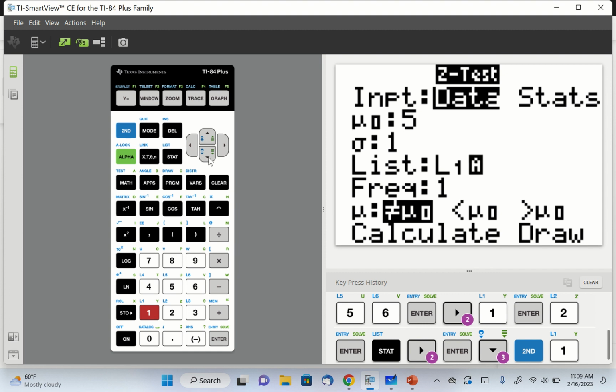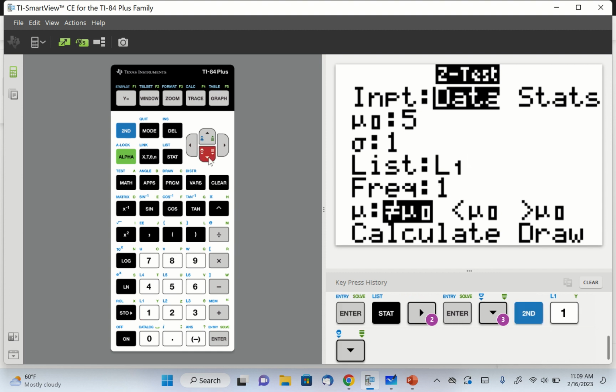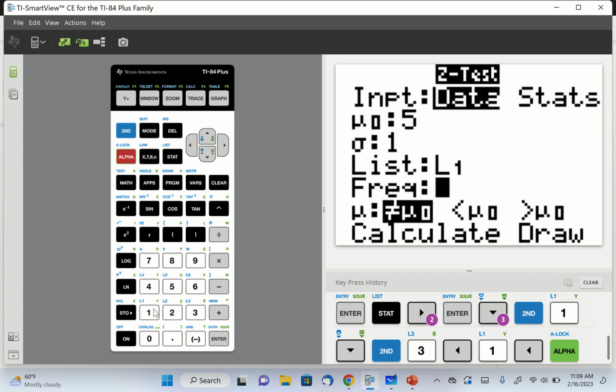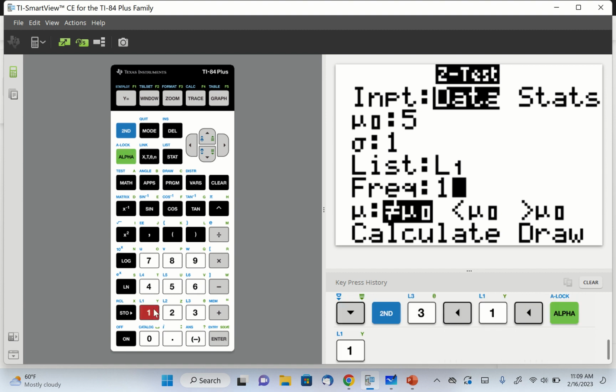Frequency, let's say if it was also given and it was in L3, so you'll do second 3 to get the L3. And if not, you could clear that up and type in 1 again. The alpha was highlighted, so we need to hit alpha and then 1 to undo that. So you get the frequency of 1 if you didn't have the frequency list. Okay, so that's calculating with data given.